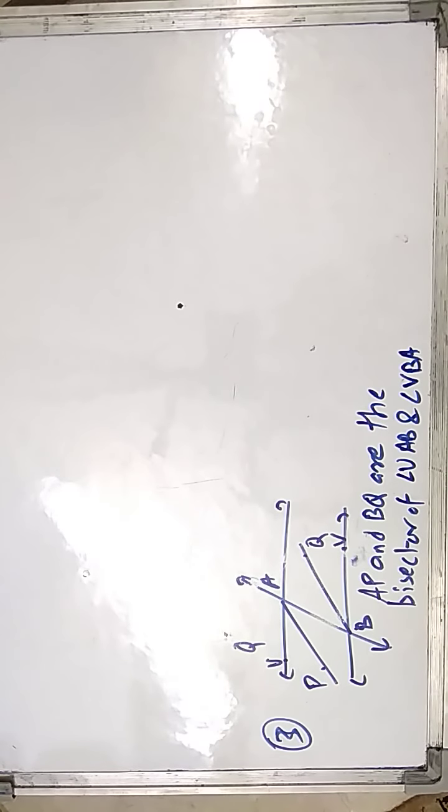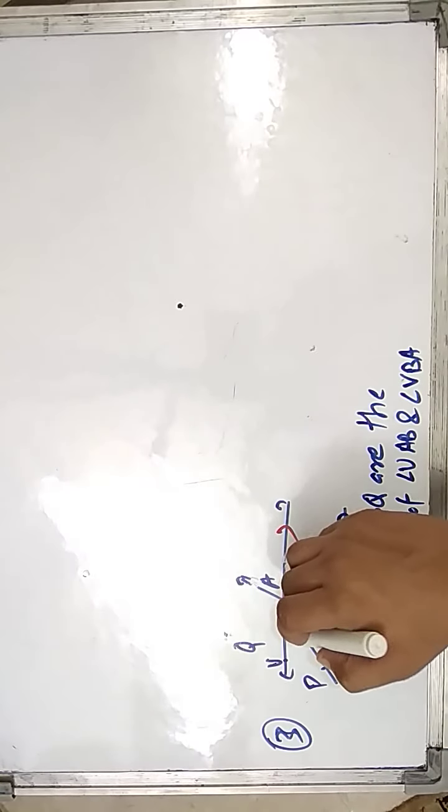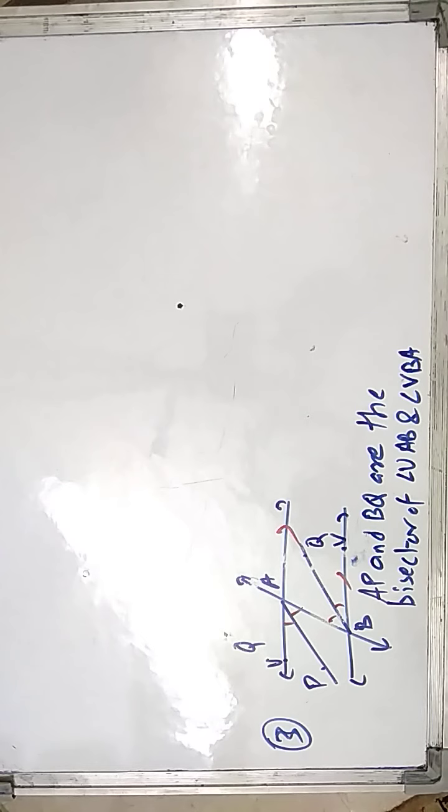Now class, see the third problem in which these two lines are parallel to each other. Okay, and these lines AP and BQ are the bisectors of this angle and this angle. So this angle is equal to this one, and this angle is equal to this one. देखिए, पहले क्लास हम लेंगे यहाँ पर.